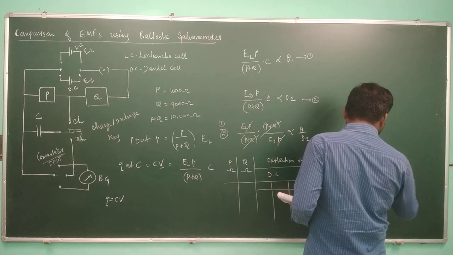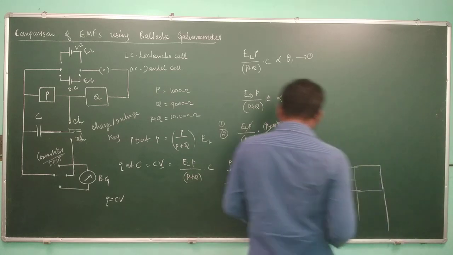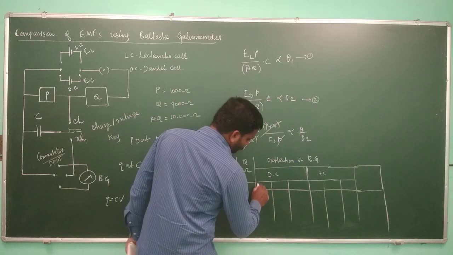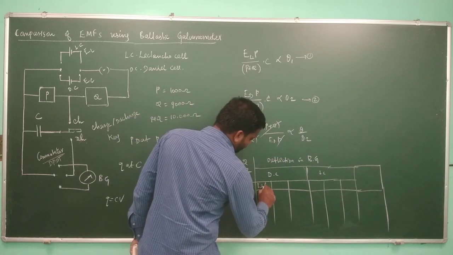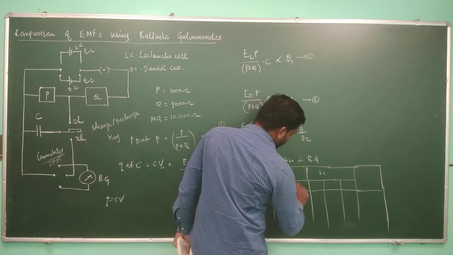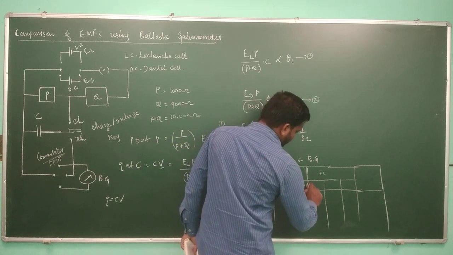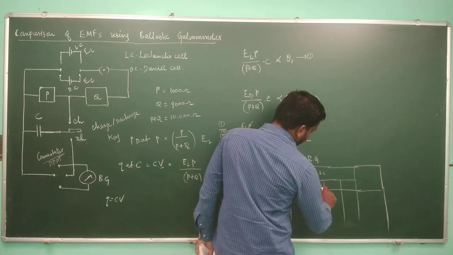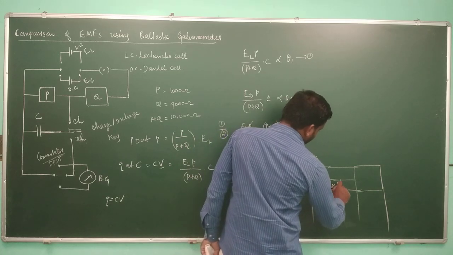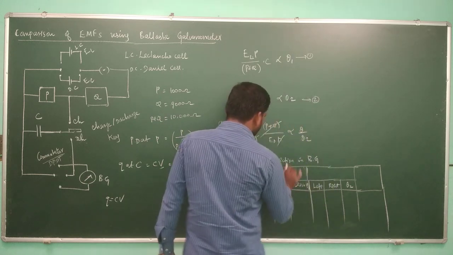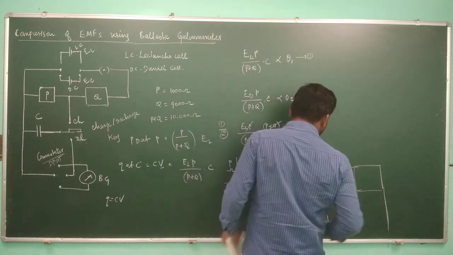Then, throw to the left, throw to the right, mean theta 1, again for left, right, theta 2. So this must be Lagrange cell, this must be Daniell cell.